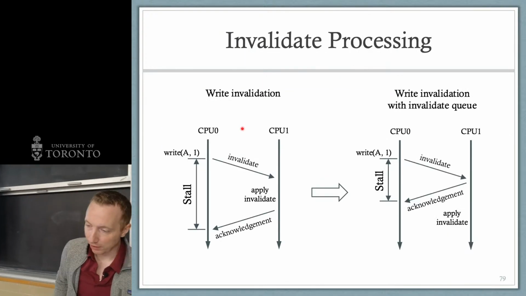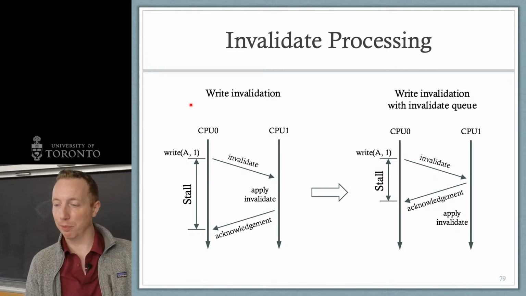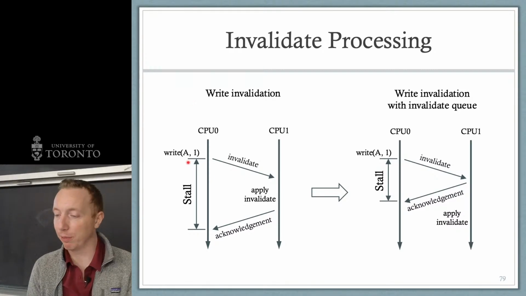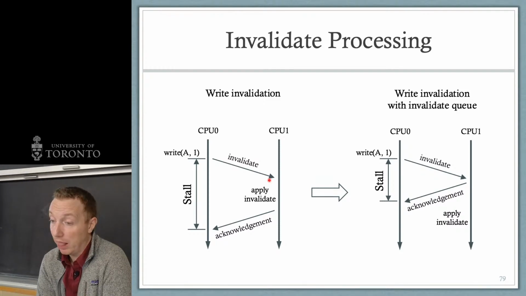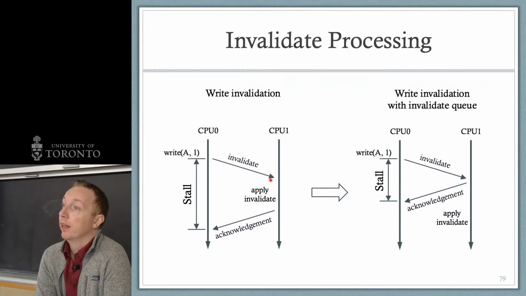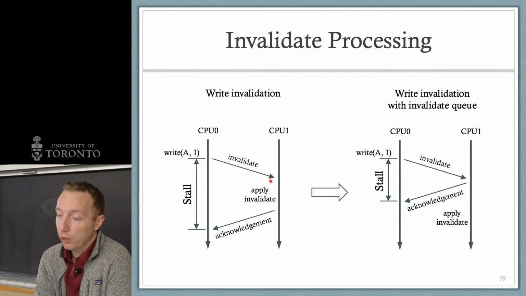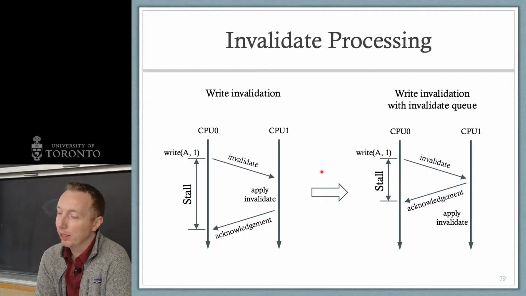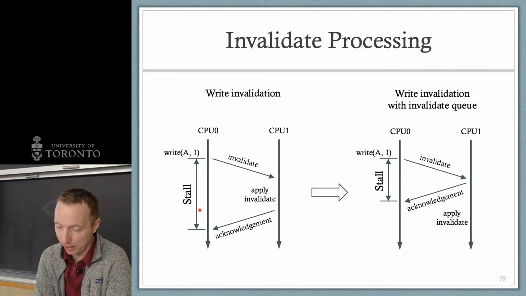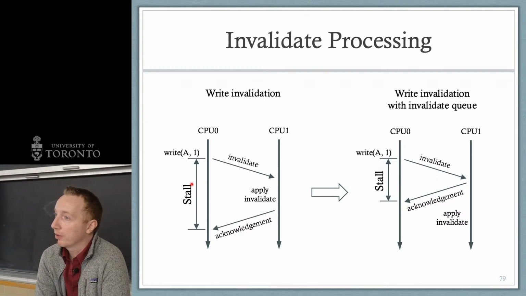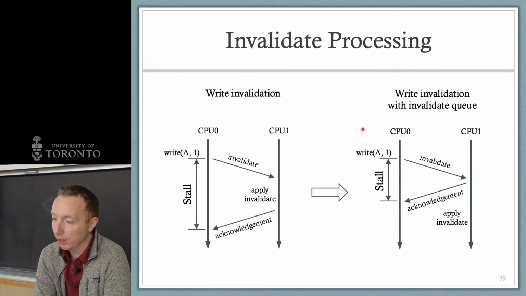In that case, what we would like to happen is if we have a write that invalidates something, it invalidates that cache line, that other core applies that invalidate, gets acknowledged. But what actually happens is something like this, because we want to reduce this stall as much as possible. Stalls are slow, stalls are bad. We do not like that.